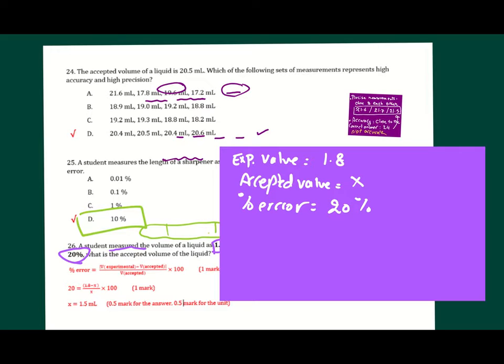You write the formula. The percent error equals experimental value minus accepted value over accepted value into 100. Experimental value is 1.8.